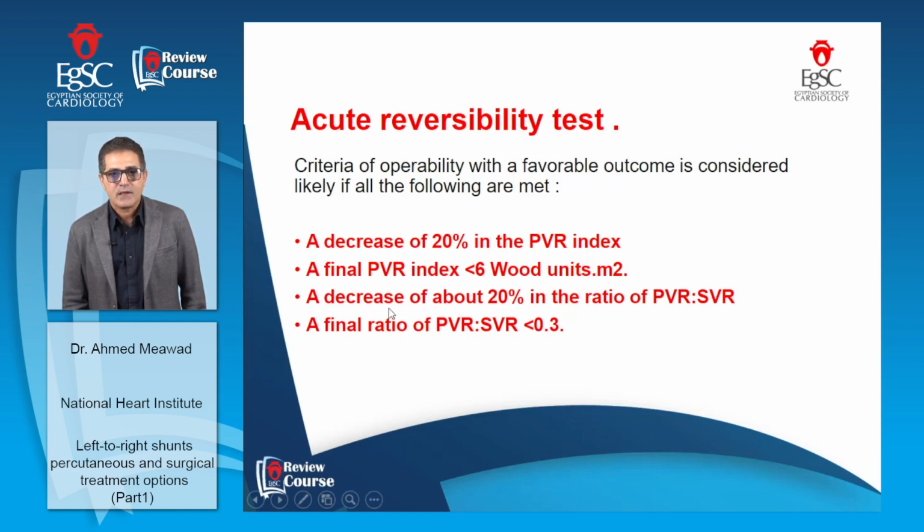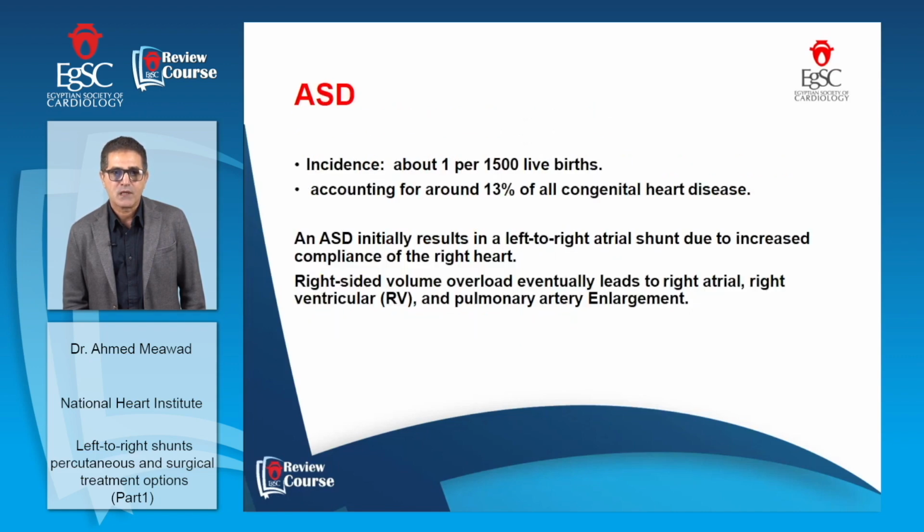If there is a reduction of about 20% in the ratio of pulmonary vascular resistance to systemic vascular resistance, or the final ratio is less than 0.3, this is indicative of reversible pulmonary arterial hypertension.